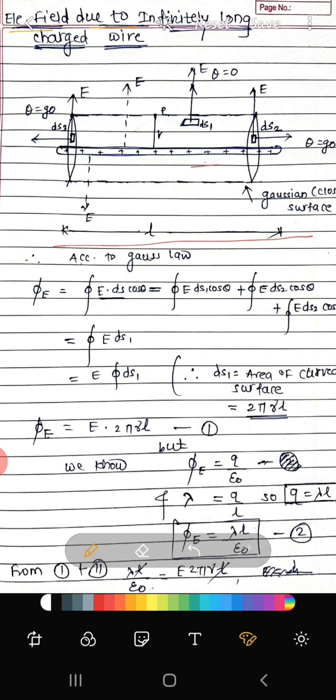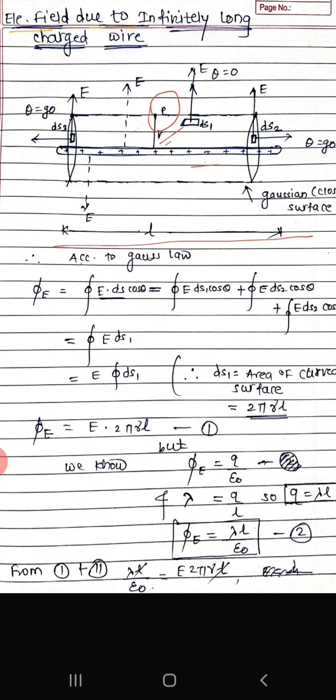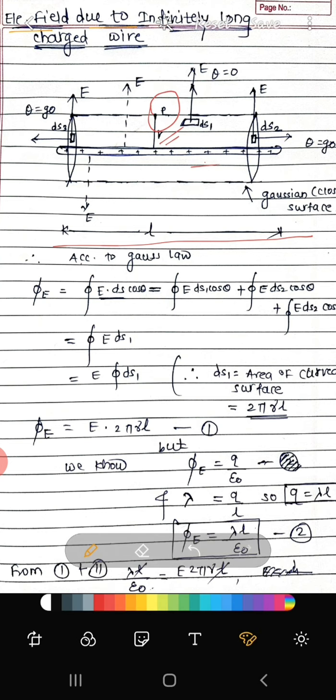Okay. So in order to find the electric field intensity due to this infinitely long uniformly charged wire, we have to consider any point P. This is any point P at distance R from the wire.